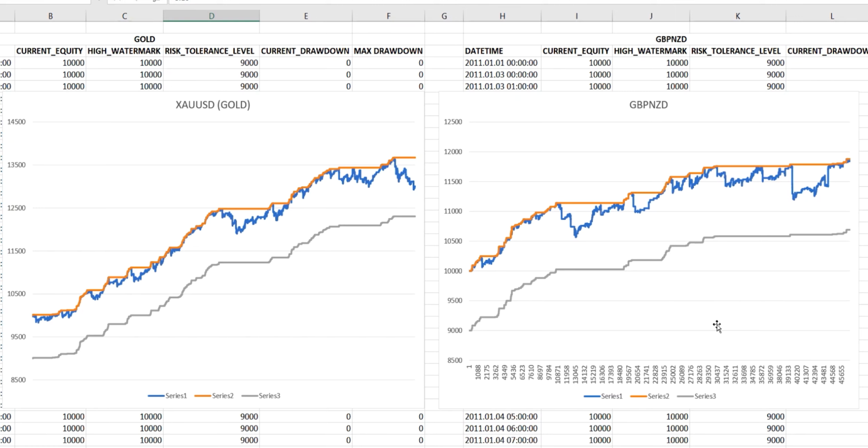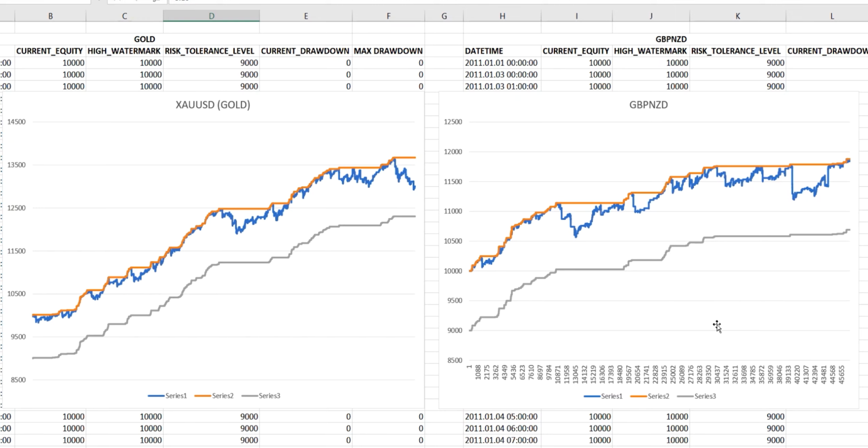And the grey line at the bottom represents the risk tolerance of the trader, and this will be different for every trader. So I have this set at 10%, which means that if the equity were in a 10% drawdown, then it would be touching that grey line. If it went beyond 10%, then of course it would go below it.